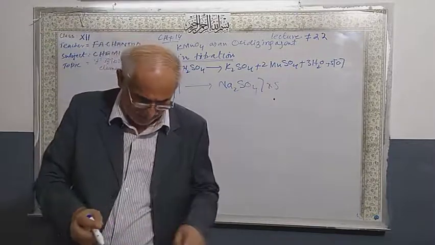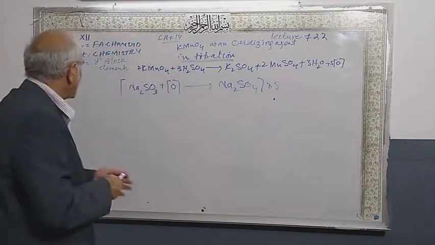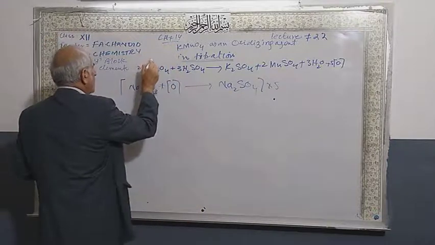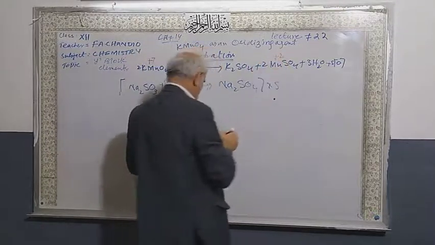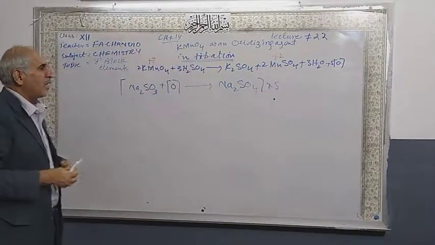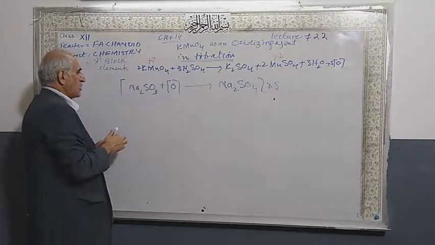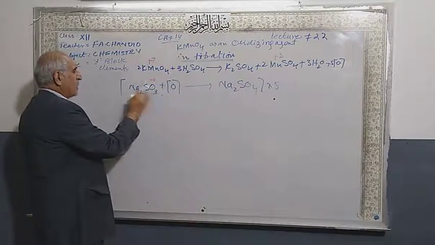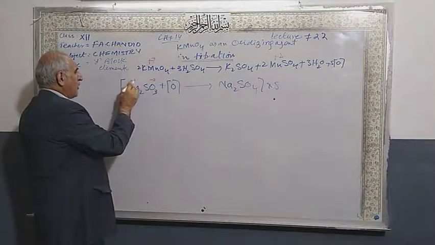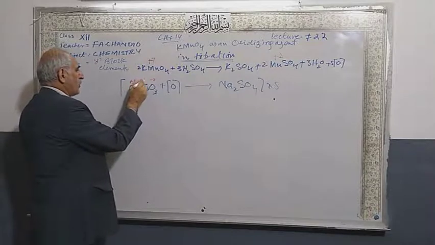So how there is oxidation and reduction is the same. Manganese +7 goes to manganese +2, so there is a reduction in manganese, giving 5 atoms of oxygen. In sodium sulfite, oxygen is -2 multiplied by 3, -6, and sodium is +1 multiplied by 2, +2. So sulfur should be +4.